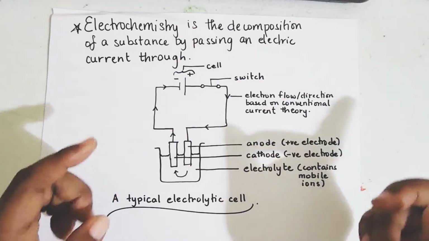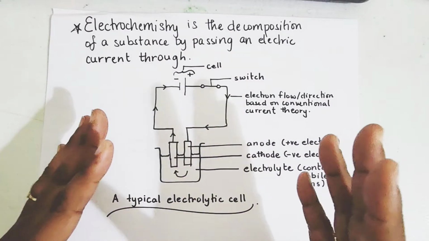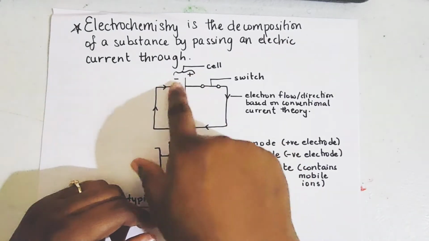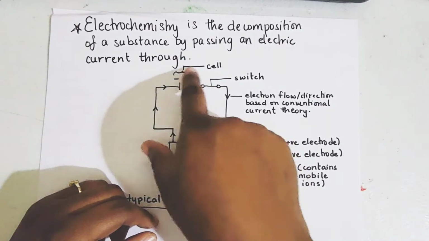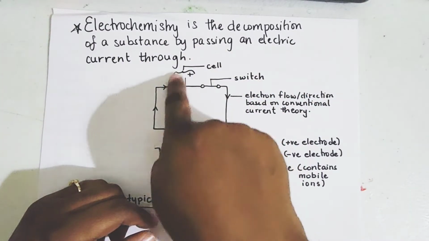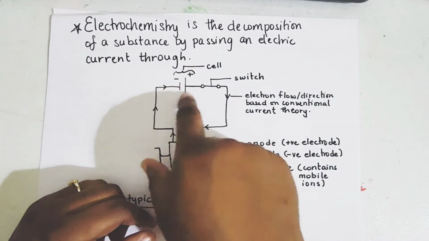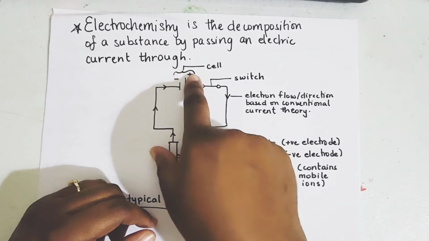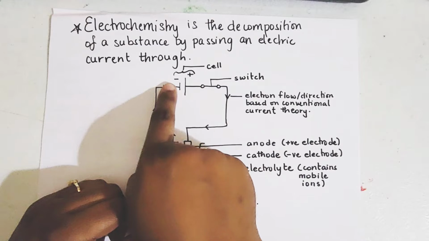Now, what we need to recognize is the circuitry terminology. So this is called a cell. The cell is what we usually refer to as a battery, but a battery is a group of cells. The long line is the positive terminal, and the short side is the negative terminal.